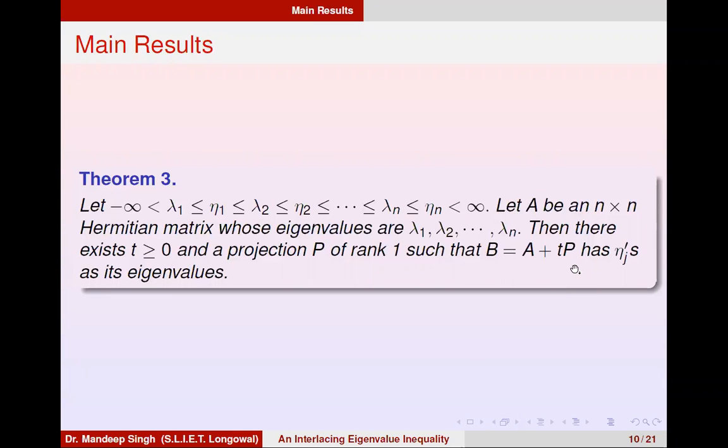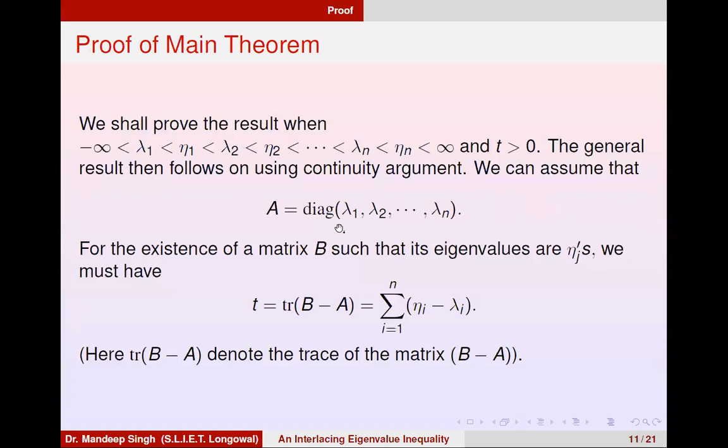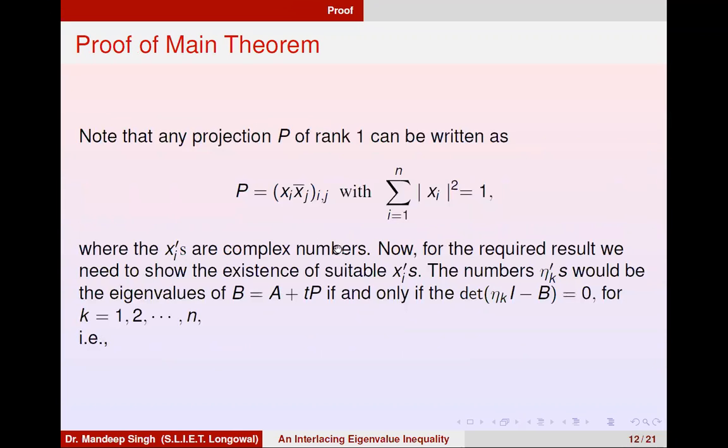That suitable P should be chosen such that etas are the eigenvalues of B. So if I choose P with ij-th entry x i bar x j, and the sum of this is equal to 1, that means P I have chosen as x x star, where x is a column matrix with components x1, x2, xn. All right?